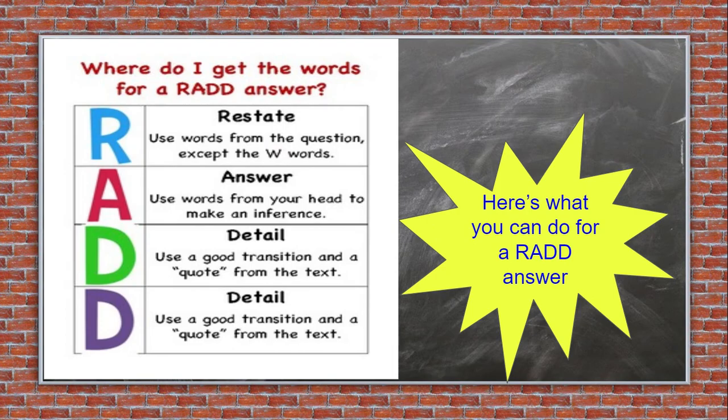Here's what you can do for a RAD answer. RAD, R stands for restate. Use words from the question except the W words. A stands for answer. Use words from your head to make an inference.